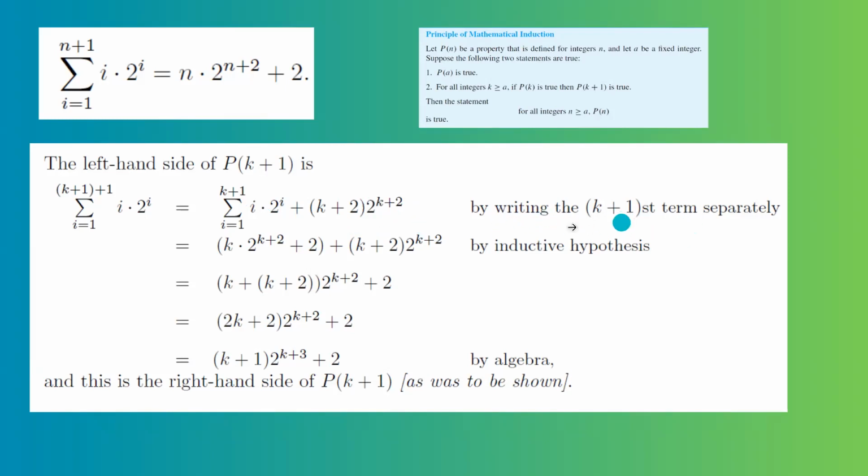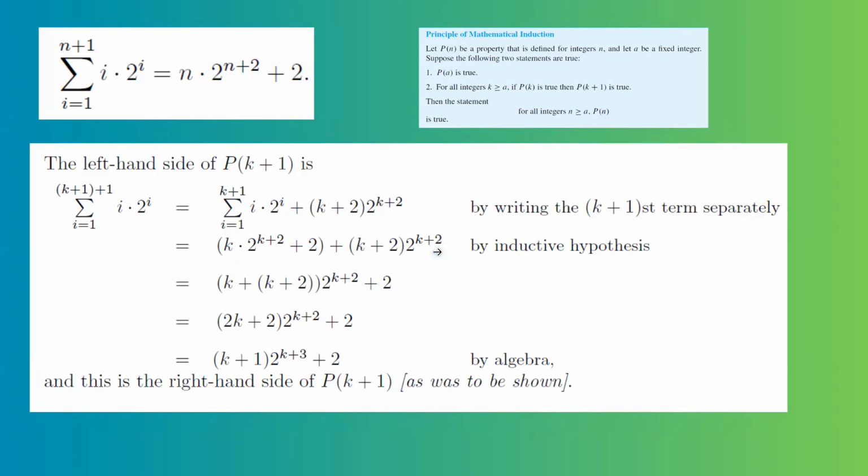Again, we are trying to write the k plus 1 term separately. This is your last term. Very good. By the inductive hypothesis, we know that this summation is nothing but k times 2 to the power k plus 2, plus 2. And you copy down the last term here, k plus 2 times 2 to the k plus 2.